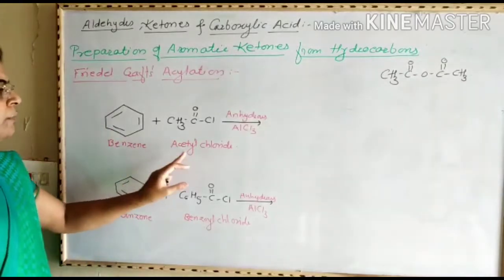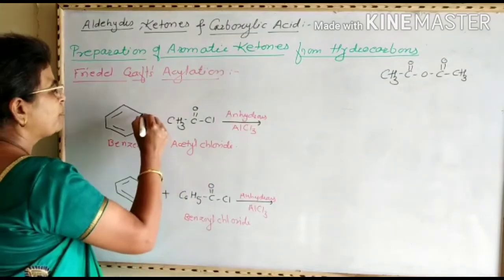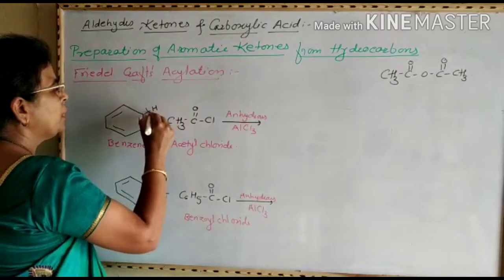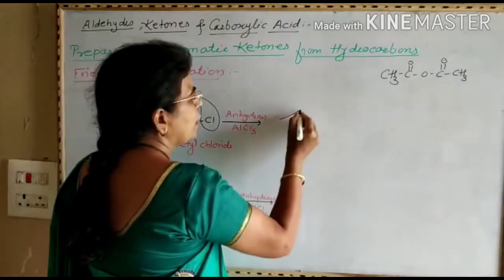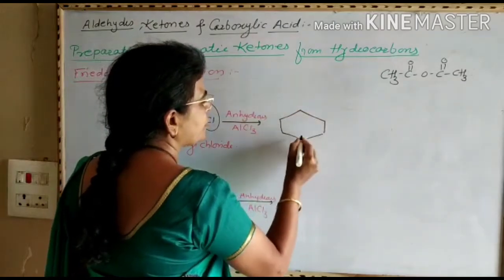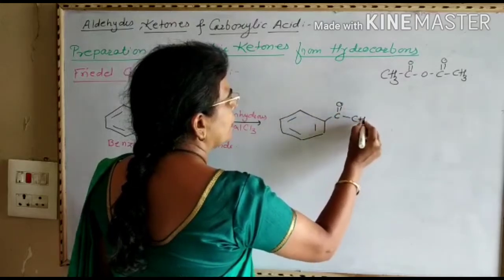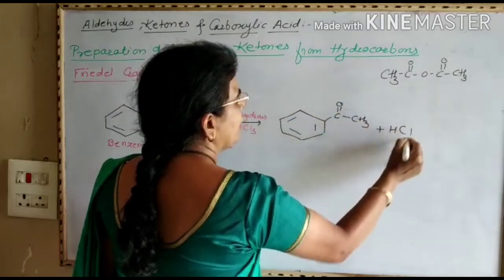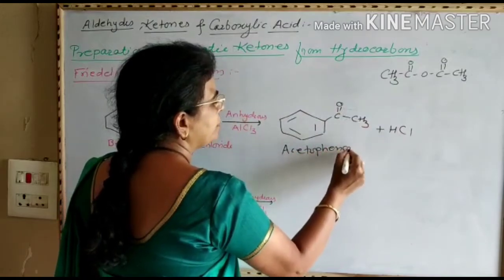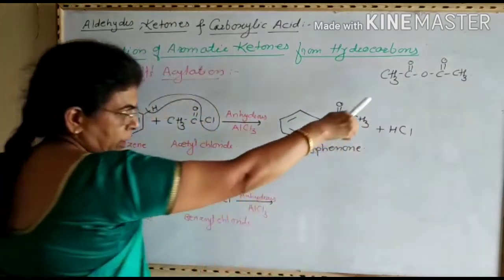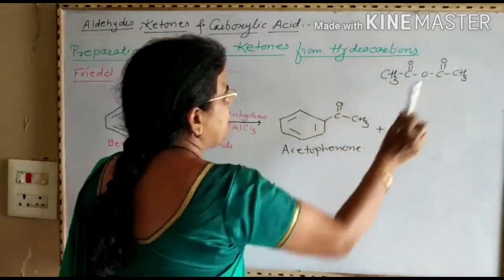When benzene is treated with acetyl chloride in presence of anhydrous AlCl3, one hydrogen atom from benzene is replaced by a COCH3 group to form acetophenone, plus HCl. This compound is acetophenone. You can use acetic anhydride, that is CH3COOCOCH3, also.